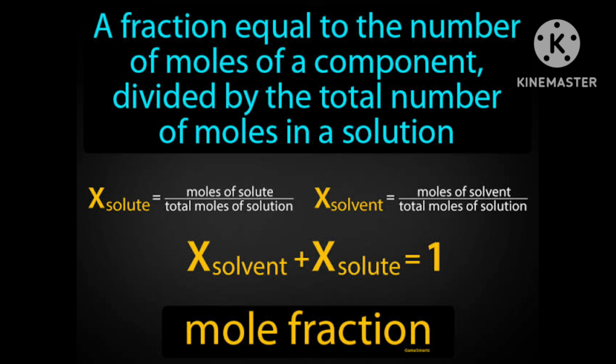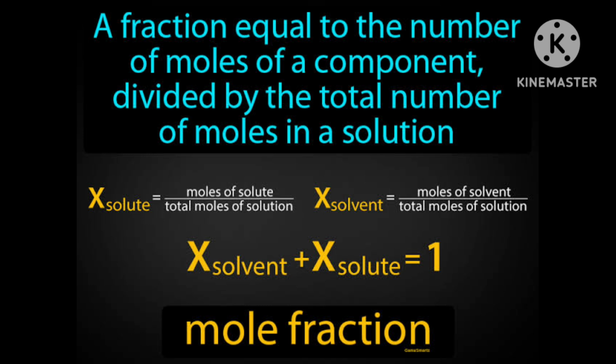After that you can follow any symbol, that is not a big thing. Small n divided by capital N is the mole fraction of solvent. Just to differentiate solute and solvent you are using these two terms, m and n: m for solute, n for solvent. Small n divided by capital N is for solvent, and small m divided by capital M is for solute.